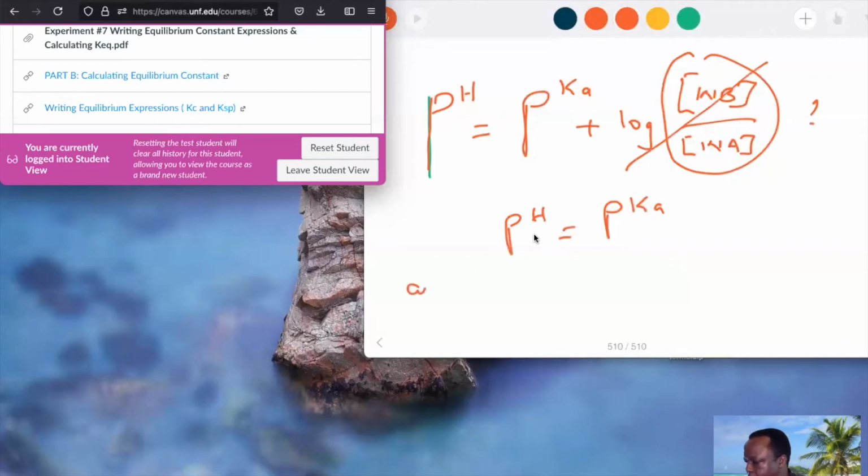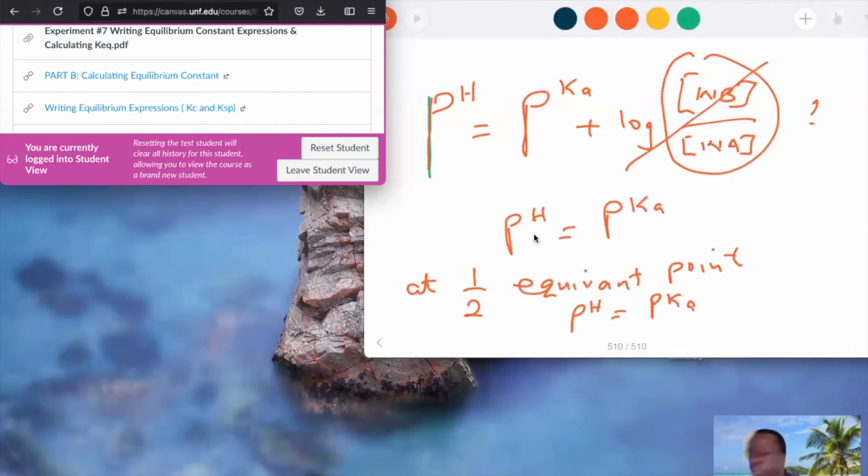It turns out that at a half equivalent point on the titration curve, write this down, for a strong base titrating a weak acid, at the half equivalent point, pH equals pKa.